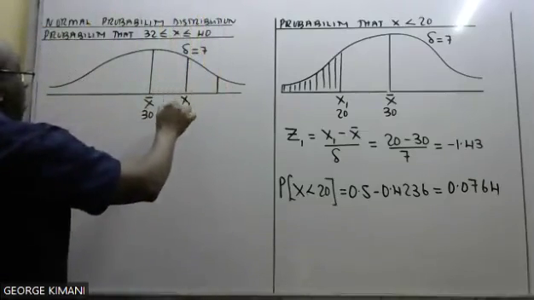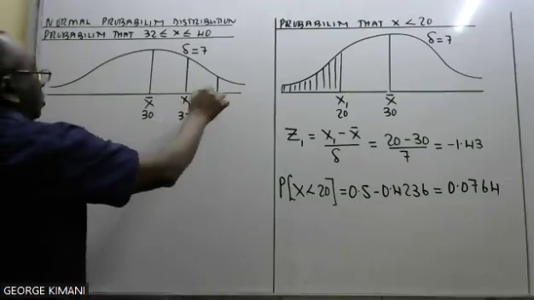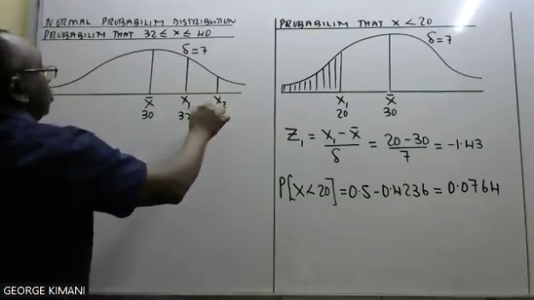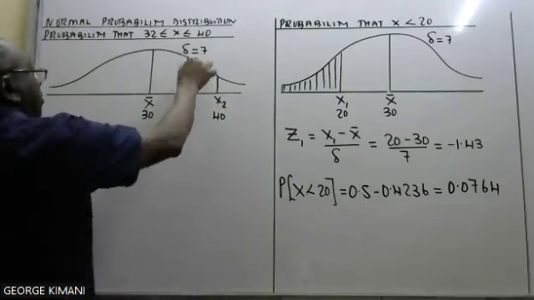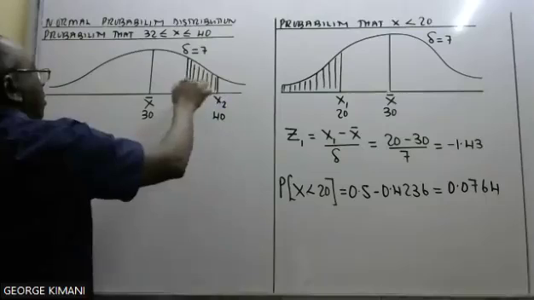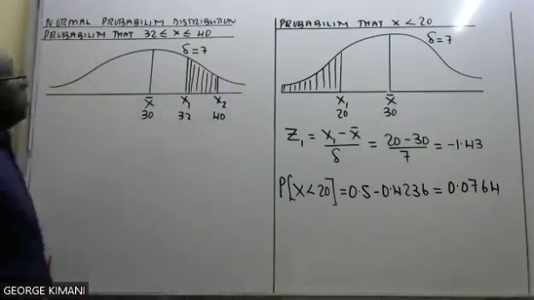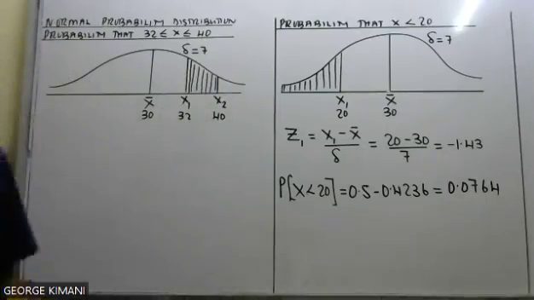So this is X1, that 2. This is X2, which is 40. And this is the area that we are looking for. So you shade that interval. You shade that small interval there.